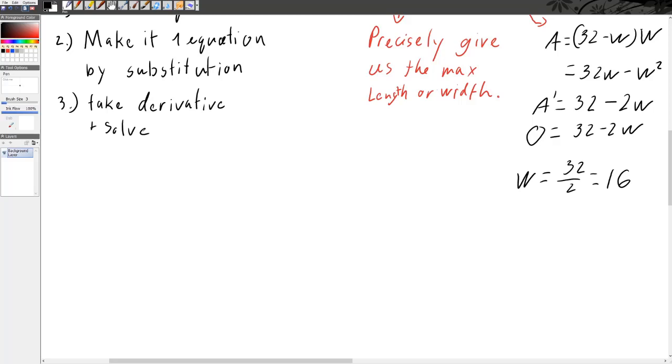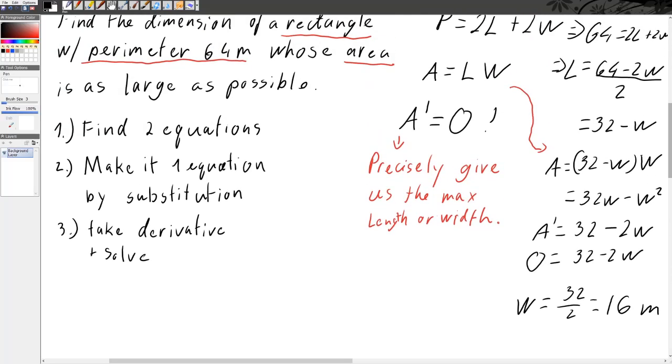In this case, 16 meters. So what this is saying, it is saying that in order to achieve a max area, we have to have the width being 16 if the perimeter is 64.